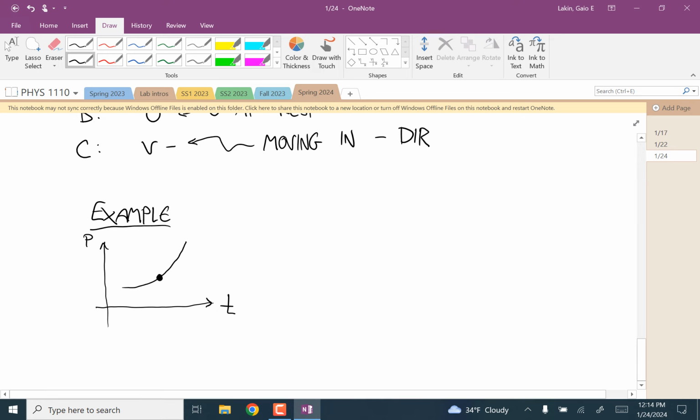And in the real world, let's say that the object is moving along this path. And let's say we're going to call this direction positive, and this direction then is negative. Okay?